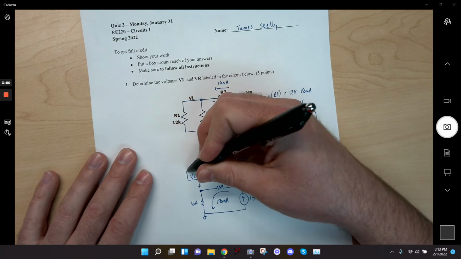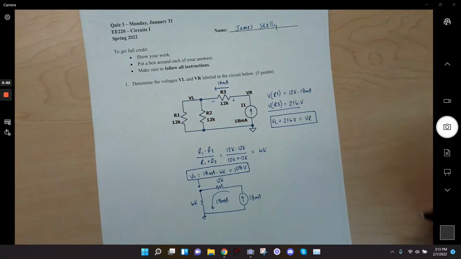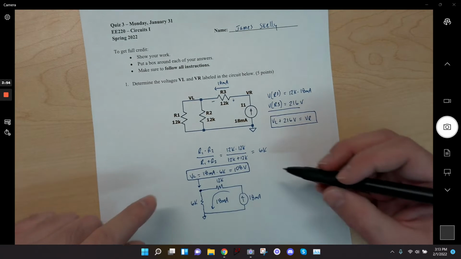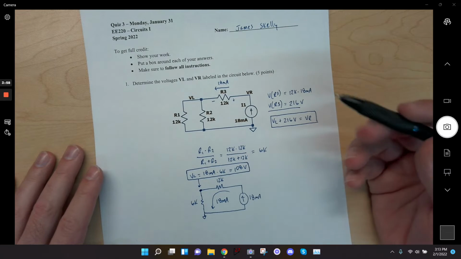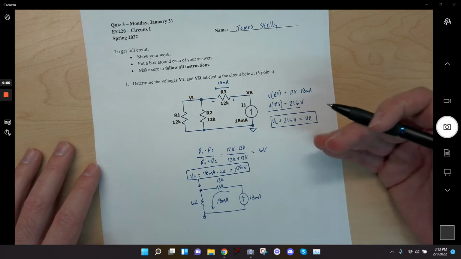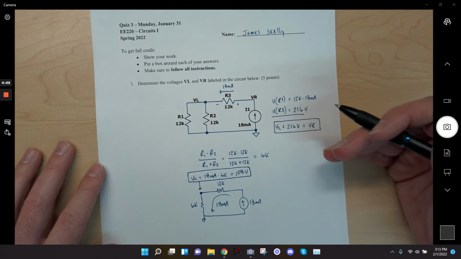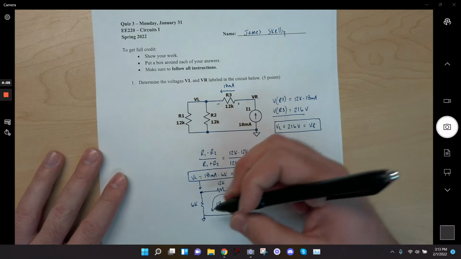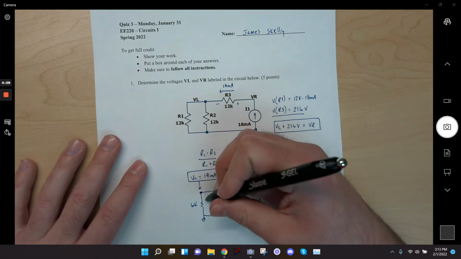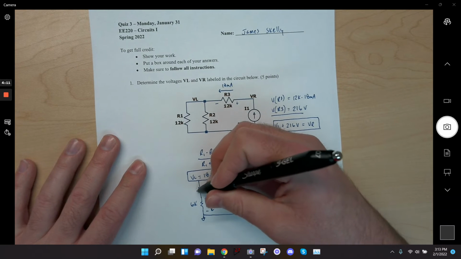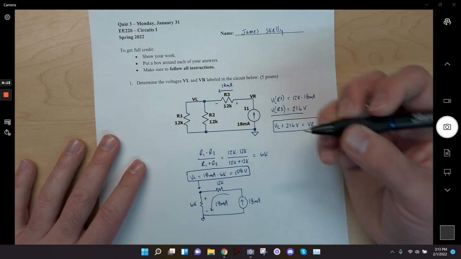A lot of you guys got that correct, and I think what you neglect to realize is that when I just take I times R, I'm still just finding the voltage dropped across that particular resistor. In this case, I took 18 milliamps times 6K. I know that my current's flowing this way, so I know that this potential up here has to be greater than this potential.